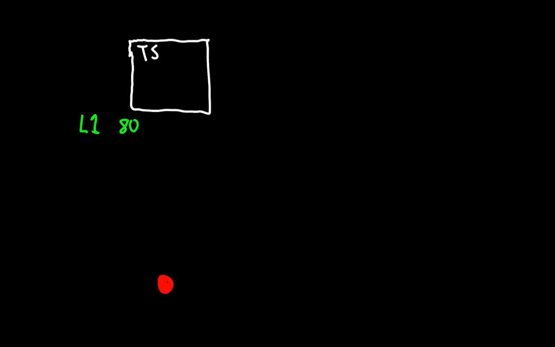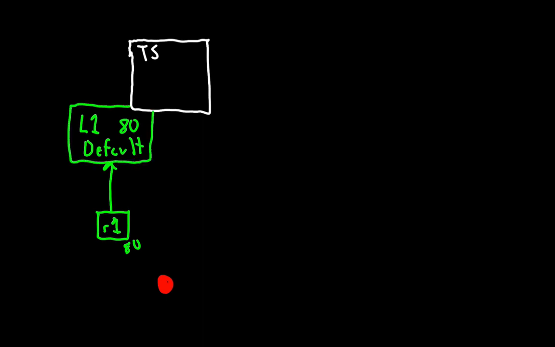And that listener 1 happens to use a default set of indicators for our profile. So whatever is just the default. Well, I can have a redirector out here, redirector 1, that also listens on port 80 and directs traffic to this listener. Make sense? Right.